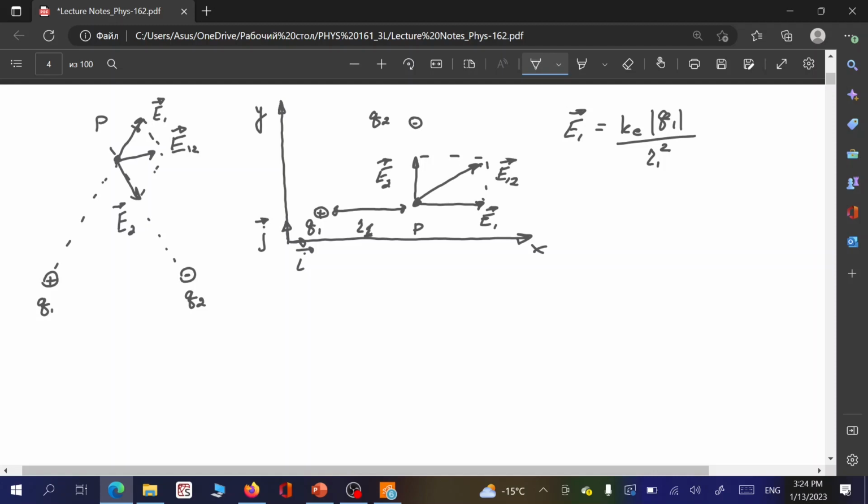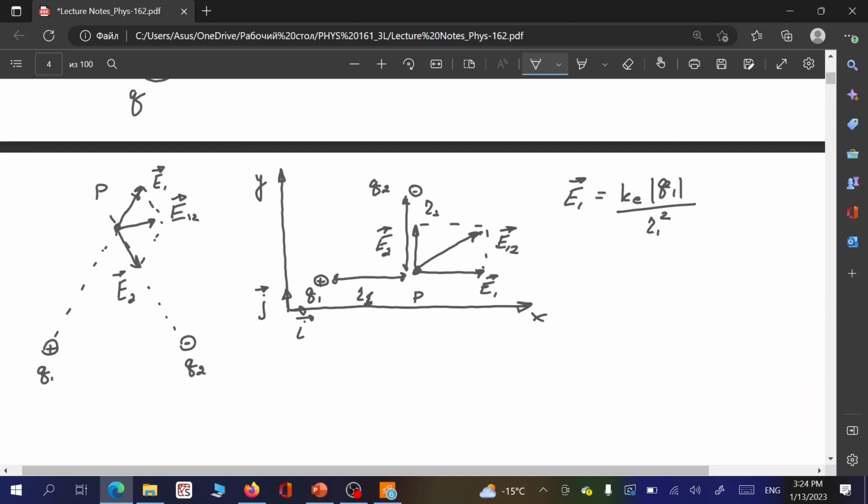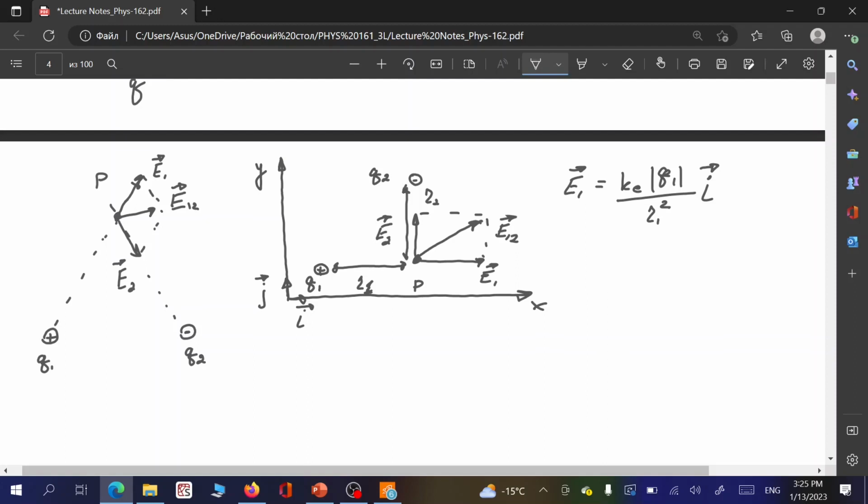So this is R1, and this distance is R2. We take the magnitude of the electric charge because here we multiply it by the I unit vector in order to define the orientation of this electric field, because it is oriented away from the point charge Q1 since it's a positive charge.